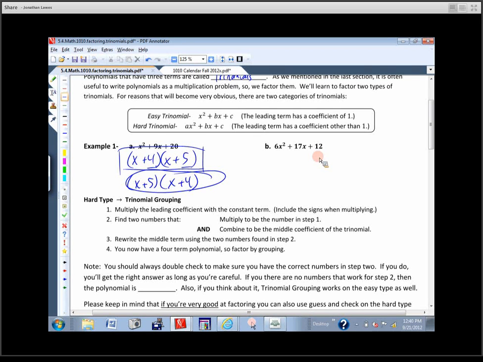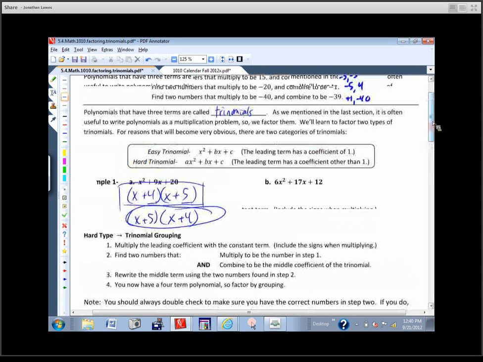You've seen this. If you're really good at factoring, you don't have to use this technique, okay? I like to call this technique trinomial grouping. Some people call it reverse FOIL. There are lots of different names for it, okay? We basically are reversing that process, but we're turning it into the same question.